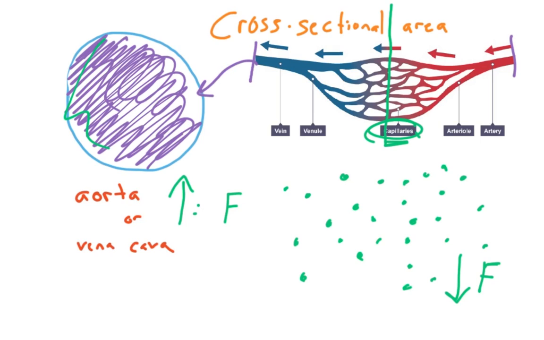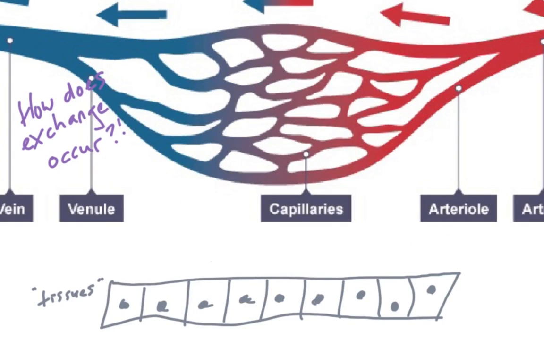And that's where I want to head next, is looking at this idea of what does it mean to have capillary exchange? What is being exchanged and how does this exchange occur? On the arterial side of things, we're going to see that we need to get stuff out of this side. And we'll look at what those sorts of things are.